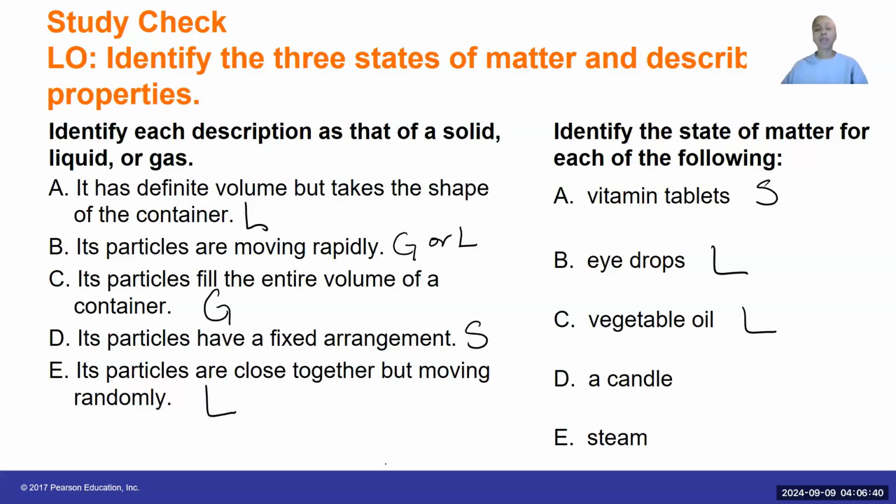How about a candle? A candle is a solid, although it's a soft solid. So its intermolecular forces are not as strong as, let's say, sugar molecules that are joined together in a cube of sugar, right? How about steam? You guessed it, it's a gas.